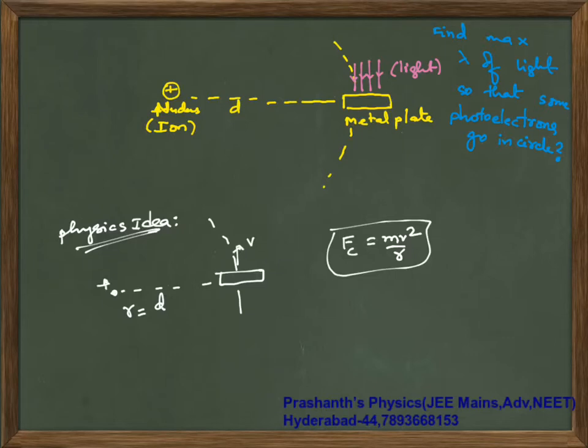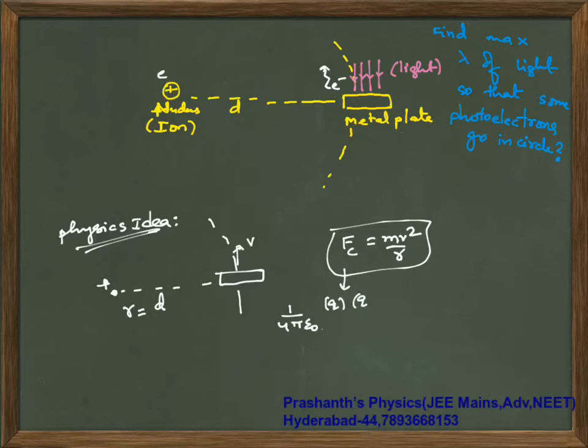It is a singly ionized nucleus, so you can simply assume its charge is e. So your centripetal force must be equal to mv square by r. Now if one electron is coming out like this, the centripetal force is 1 by 4 pi epsilon naught times q1 q2 by r square.